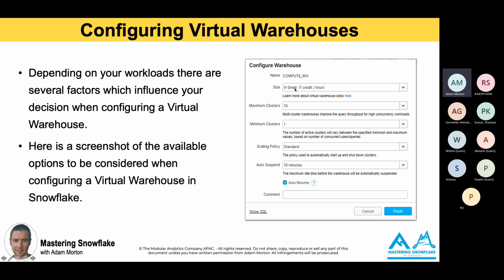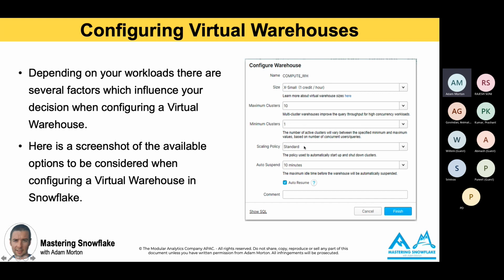So you've got the size. This is the t-shirt size I mentioned earlier, where you're charged X amount of credits, and that's where you're using your consumption. Then you've got a maximum and minimum number of cluster settings. They can be set from anything from 1 to 10 in both those boxes, and we'll come back to what those mean in a couple of slides' time.